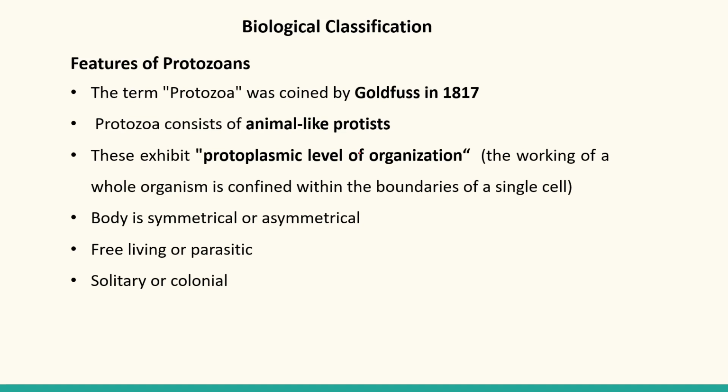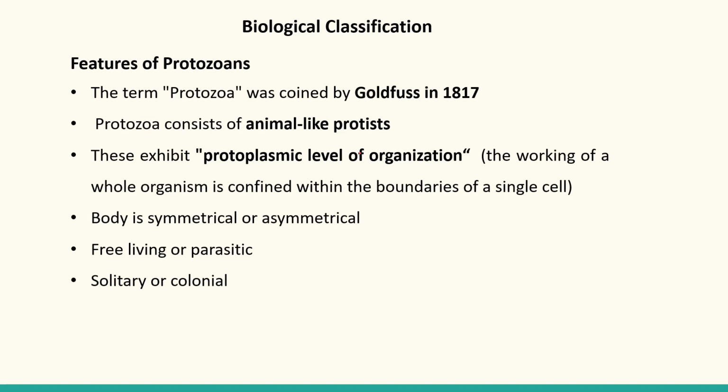The term protozoa was coined by Goldfuss in 1817. Protozoa consists of animal-like protists. Earlier, protozoa were kept in the animal kingdom, but if we follow Whittaker's classification system, then the kingdom Protista has protozoans.